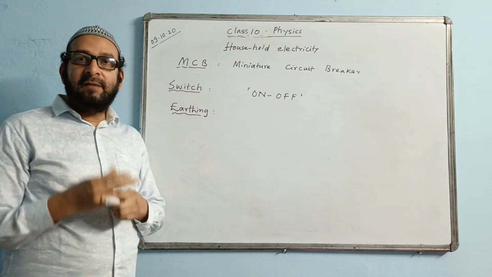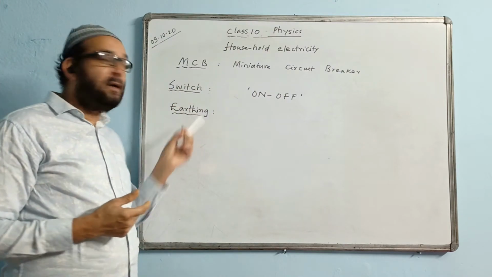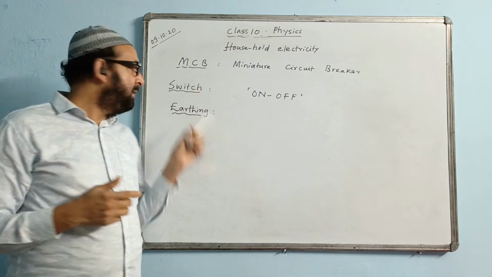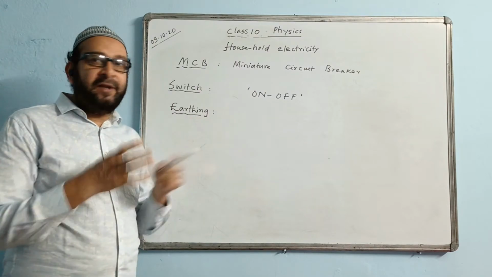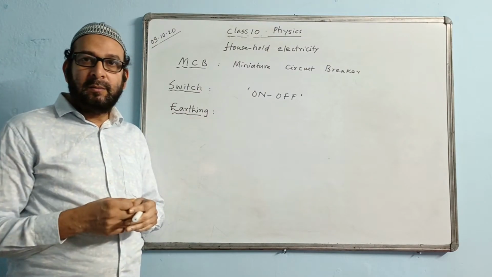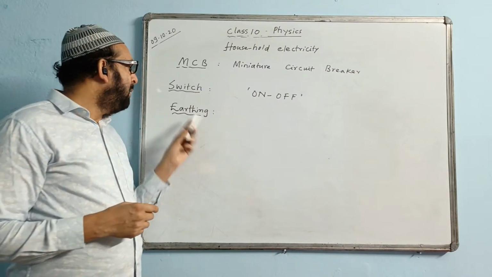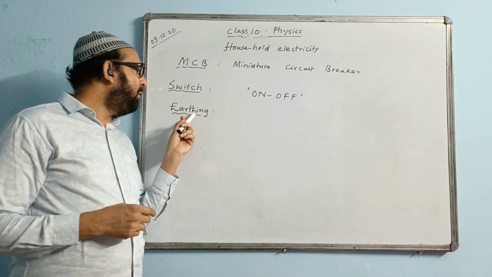MCB is also a safety device. Switch also is a safety device. Earthing is not a device, rather it is a process which provides safety to the user of the appliance.